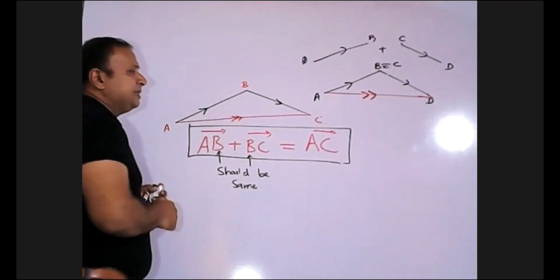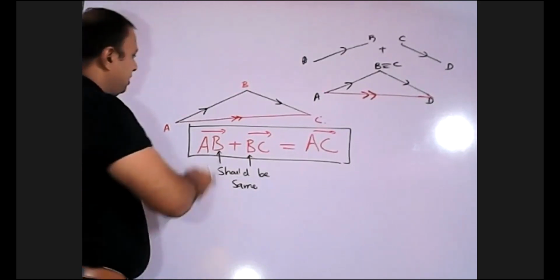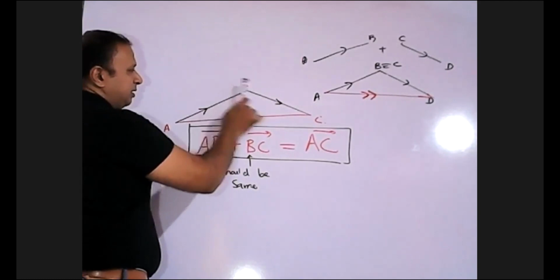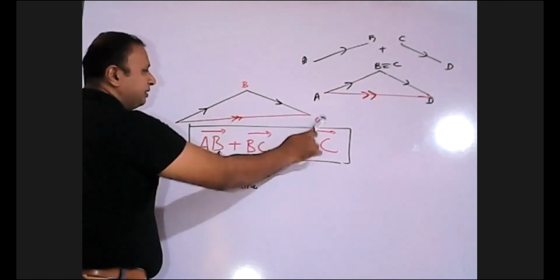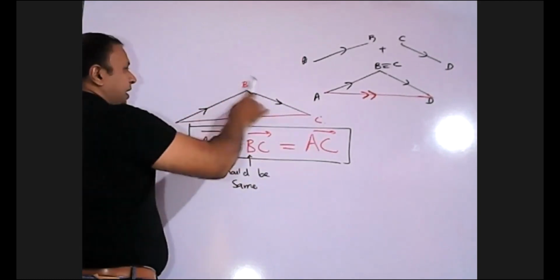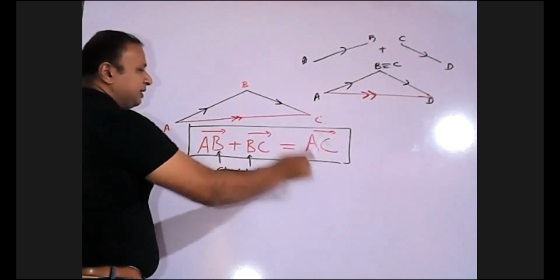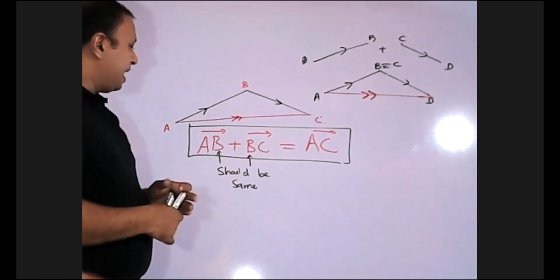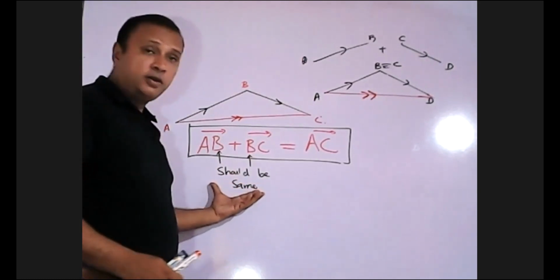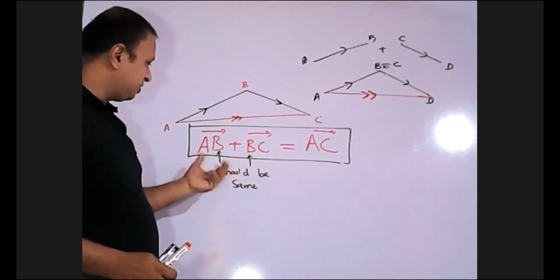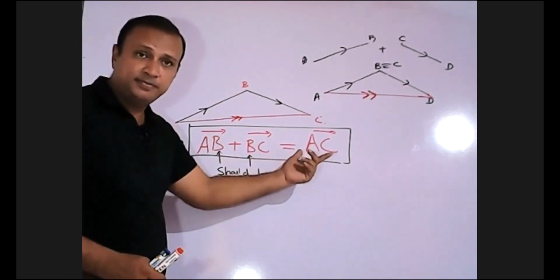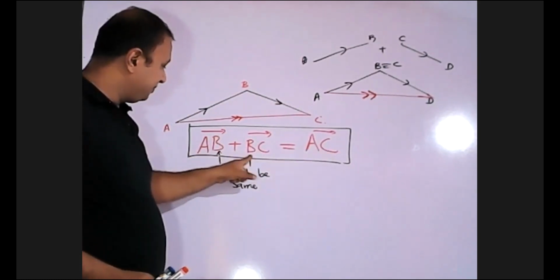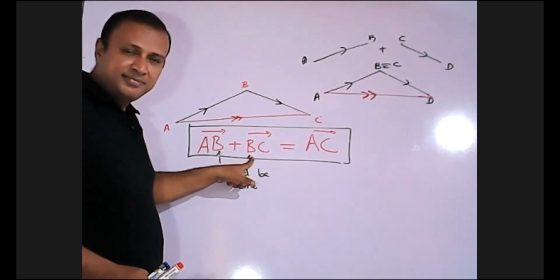If I consider it as B, then clearly you can say vector AB plus vector BC is equal to vector AC. Vector AB plus vector BC is equal to vector AC. Actually, I have shown some special characteristic of this equation. What is that characteristic? These 2 points are same.